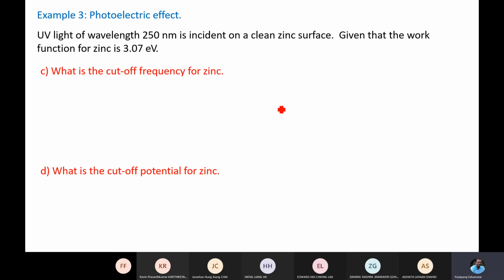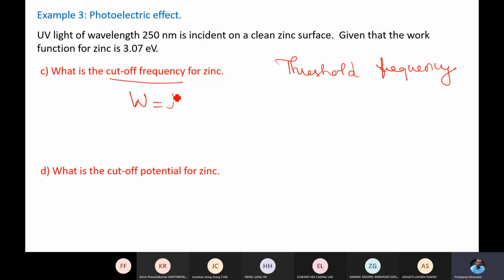Now, what is the cutoff frequency for the same problem? Cutoff frequency or threshold frequency, the terms all have the same meaning. So what is that one?